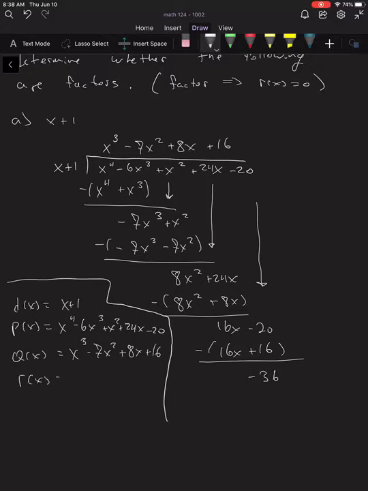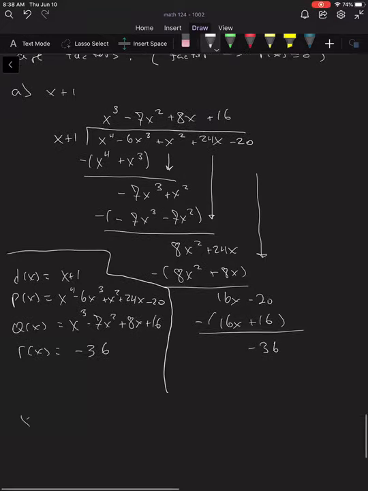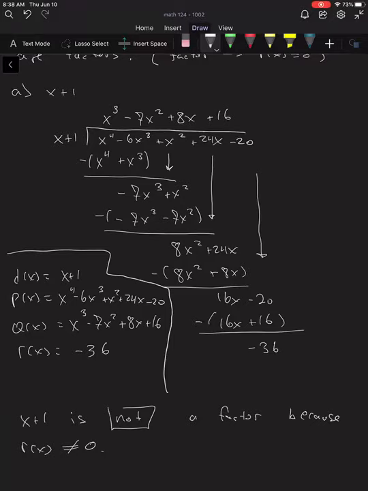And our remainder is going to be minus 36. So we know that x plus 1 is not a factor because the remainder is not equal to 0. Our remainder is equal to minus 36 here. So in this situation, x plus 1 is not a factor.